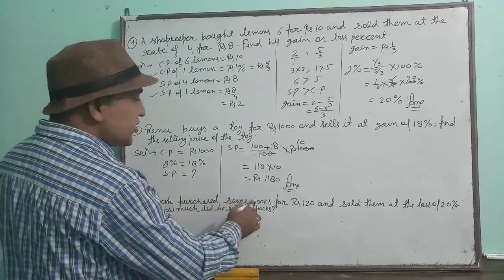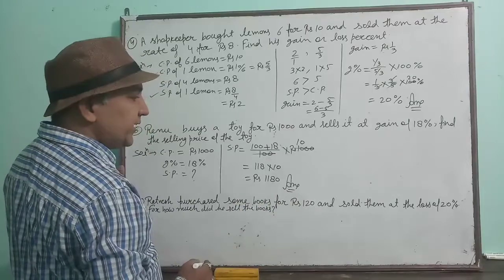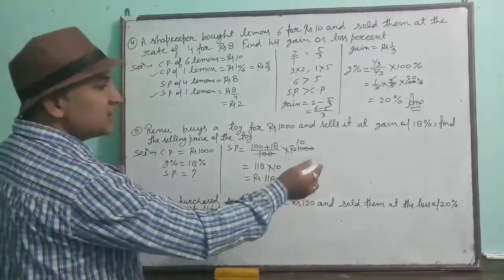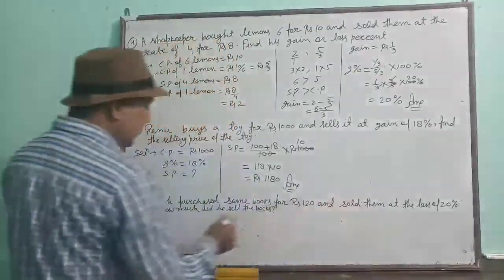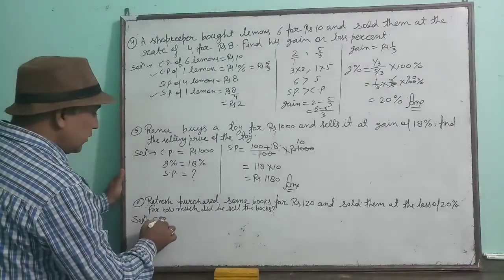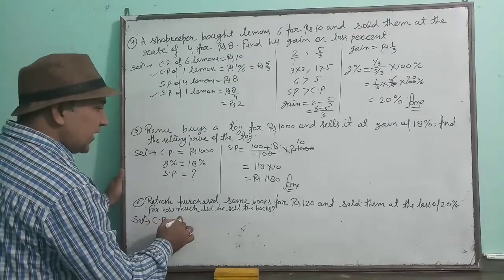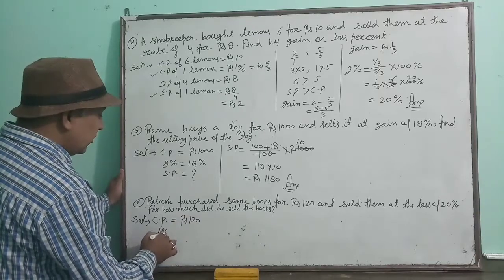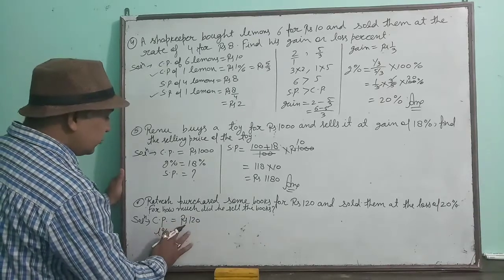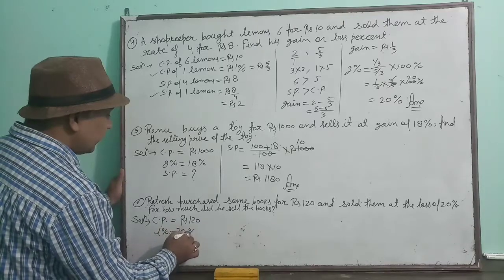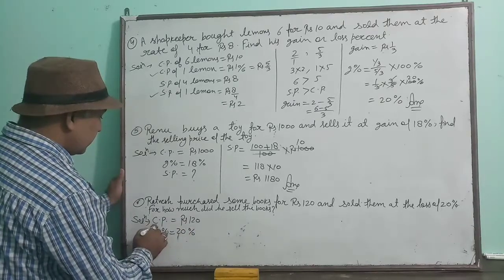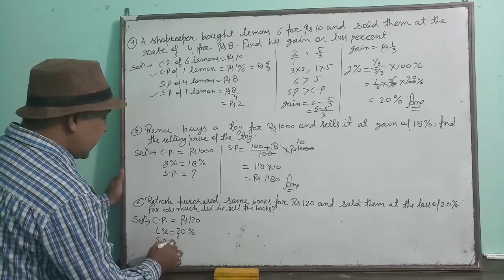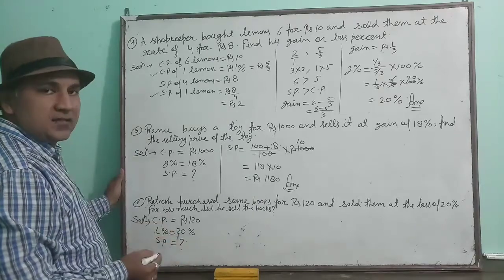Ratnesh purchased some books for rupees 120 and sold them at the loss of 20%. Here cost price is given rupees 120 and loss percent has been given 20%. Again we have to find the selling price.